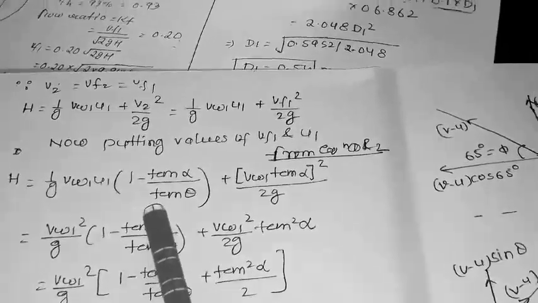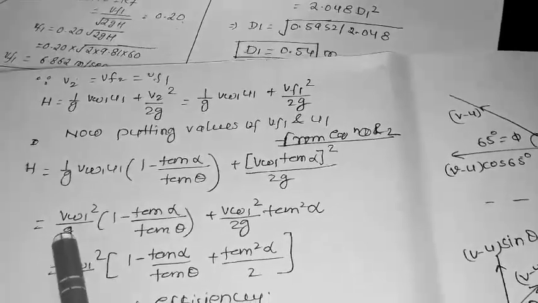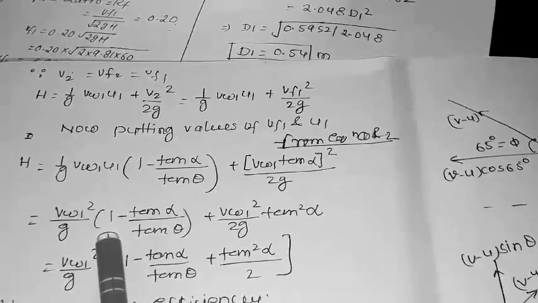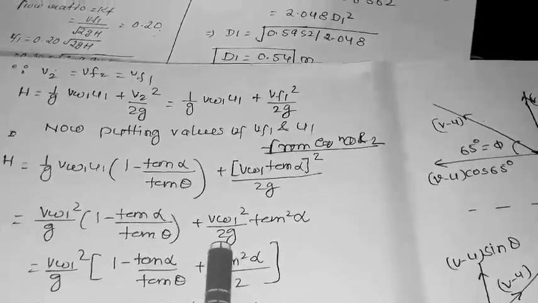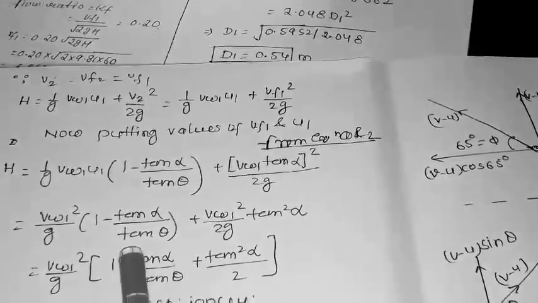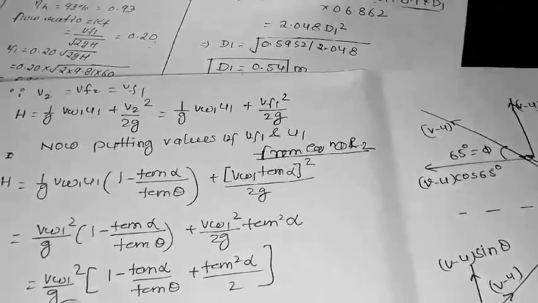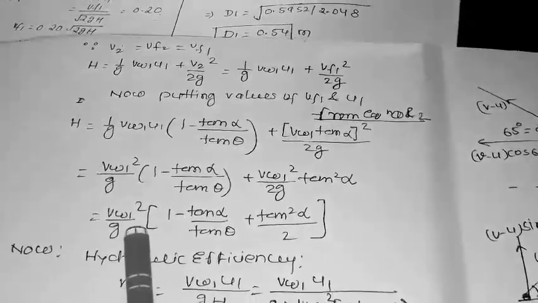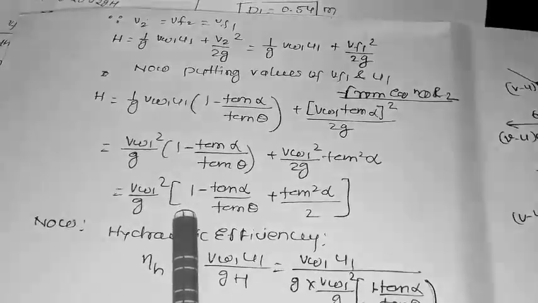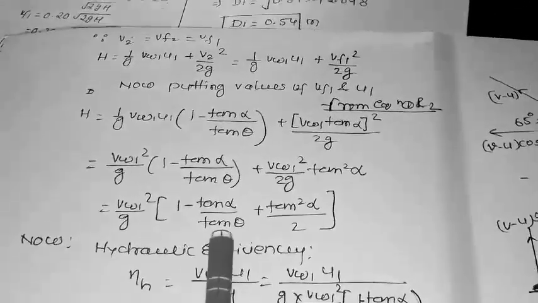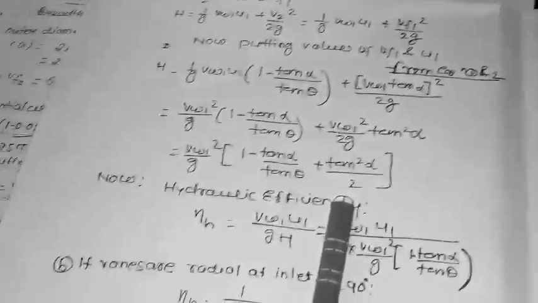And after arranging some terms, as Vw1 square upon 2g is common, within bracket we get 1 minus tan alpha upon tan theta plus tan square alpha upon 2.